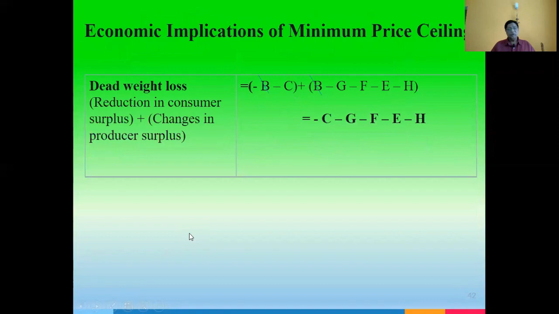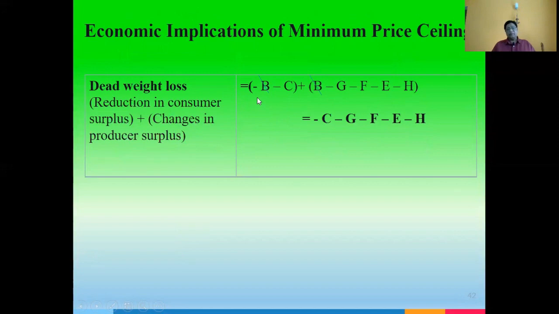By using this information, we can easily estimate the deadweight loss or social cost of this minimum price ceiling. Then reduction in consumer surplus plus changes in producer surplus.